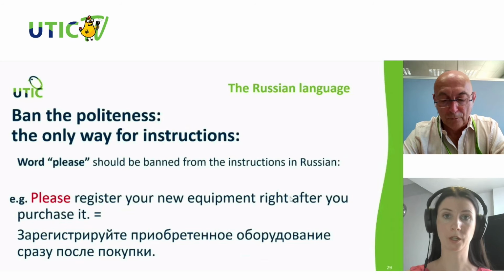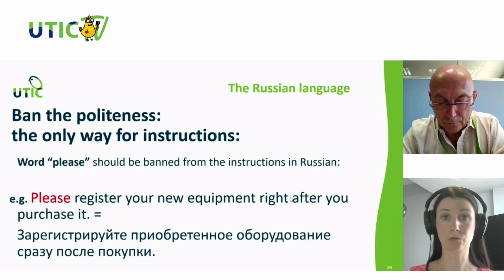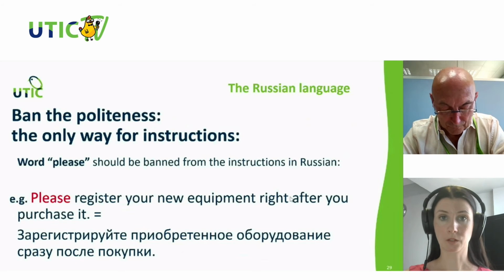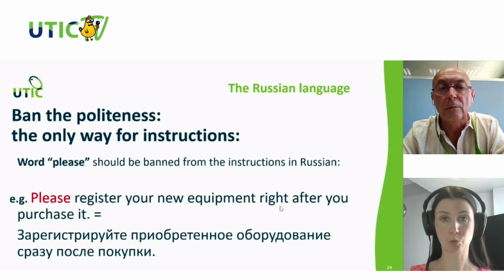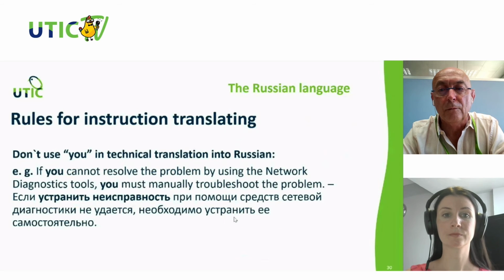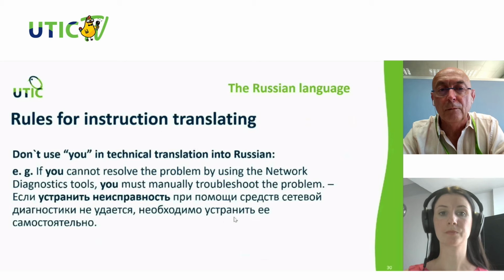And another interesting point which differs in the formulation of translation from English into Russian is that some elements which exist in English can be omitted in Russian, and we should remember that some things may be omitted.